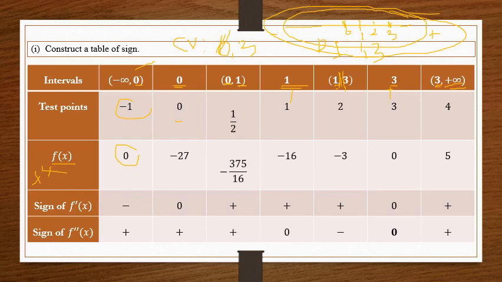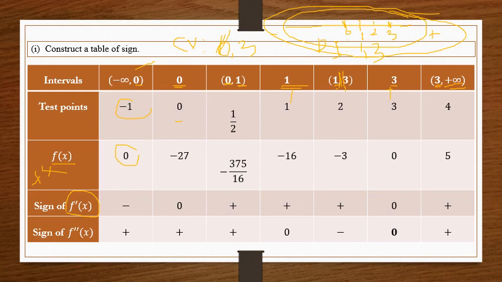And then, class, we took the first derivative of our function and also the second derivative. So, we will also include them in our sign table or sign chart. But what you put here is not the value but the sign only. Okay.